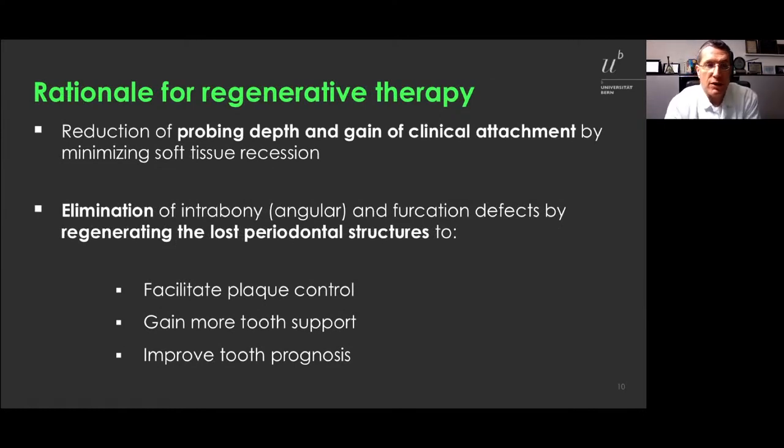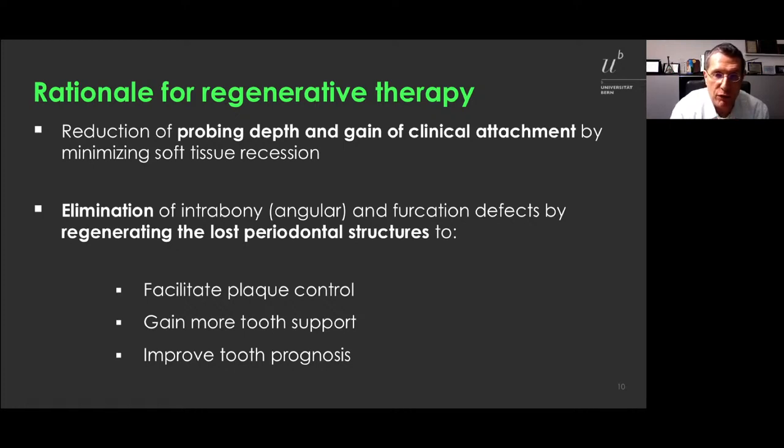So what is now our rationale for a regenerative therapy? First of all, from a clinical point of view, what I would like to obtain is to reduce the depth of the pocket. In other words, I would like to have a probing depth reduction, but without cutting the tissue away.